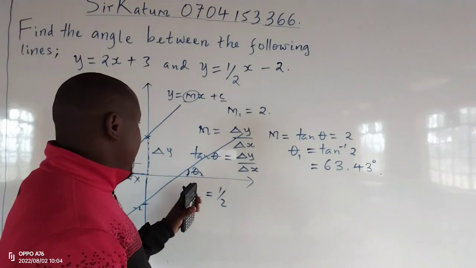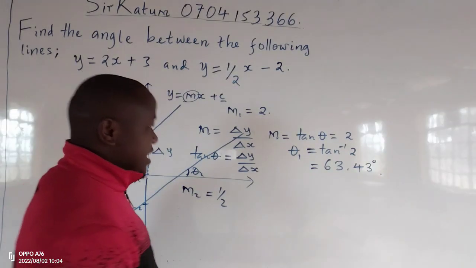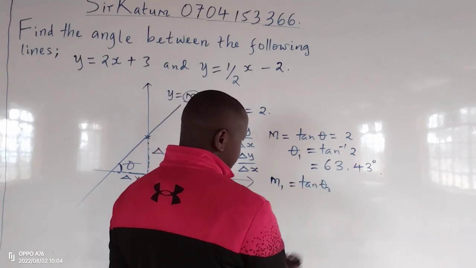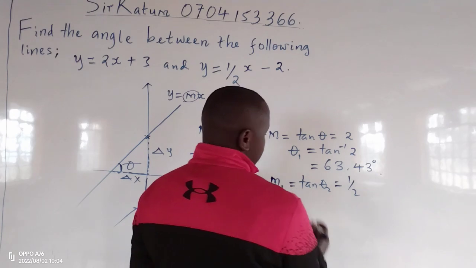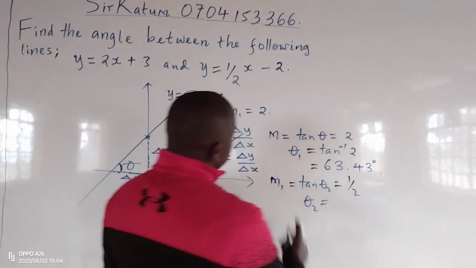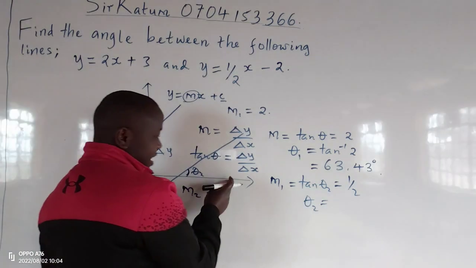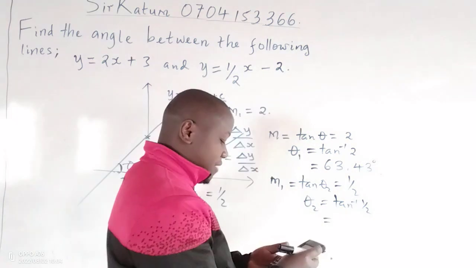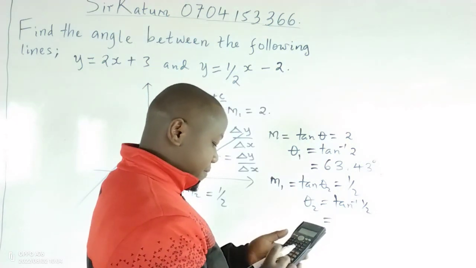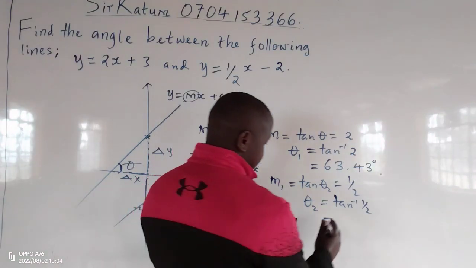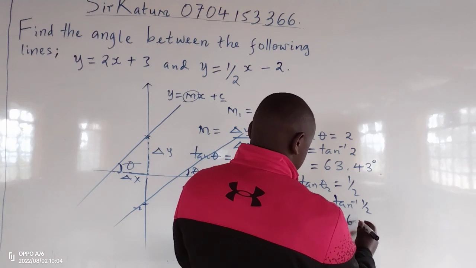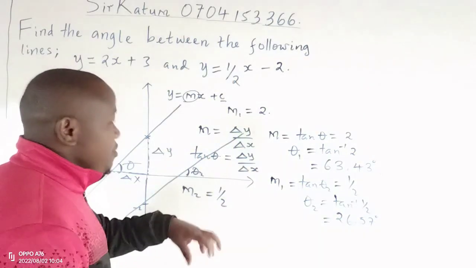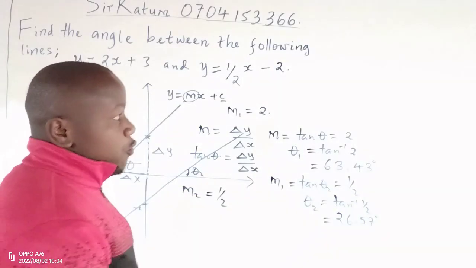The tan of beta 2 is half, so beta 2 is the tan inverse of half, which gives us 26.57 degrees.